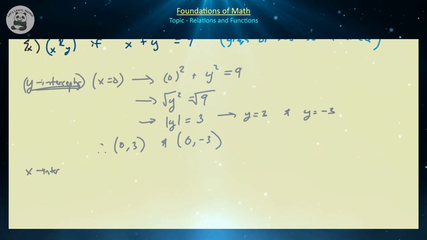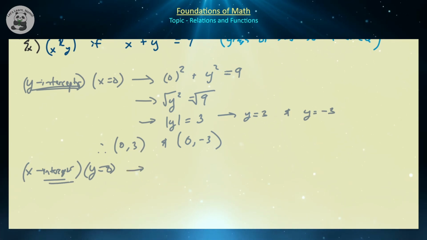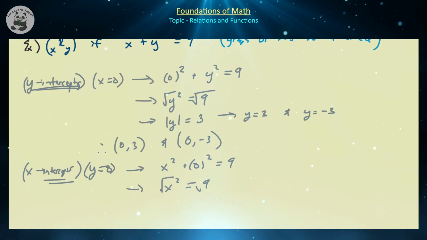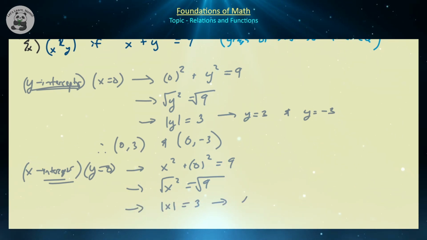Similarly, for the x-intercepts, when a point is an x-intercept, y is going to be equal to 0. Then we have x squared plus 0 squared is equal to 9, so x squared is equal to 9. Then we take the square root of both sides, and we have the absolute value of x is equal to 3, which means that x is equal to 3, or x is equal to -3.